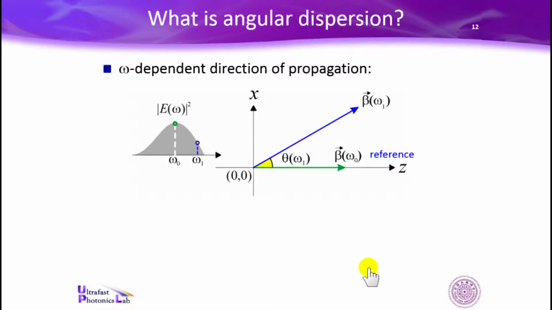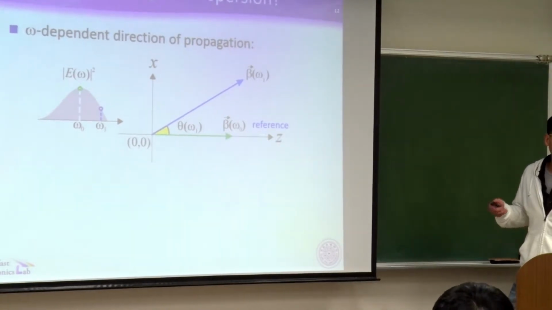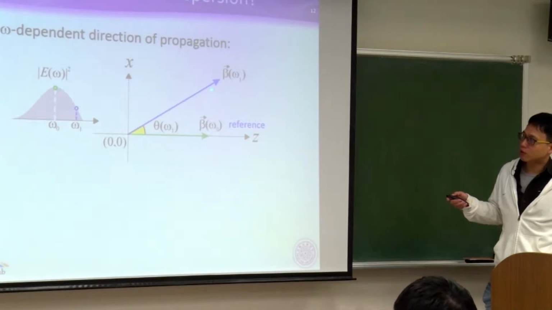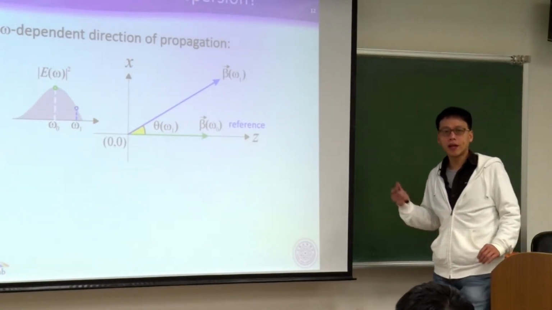Then, if at some higher frequency, say omega equals omega 1, the corresponding propagation direction is different, say represented by the blue arrow here, making an angle theta of omega 1 with respect to the reference direction, the green arrow.